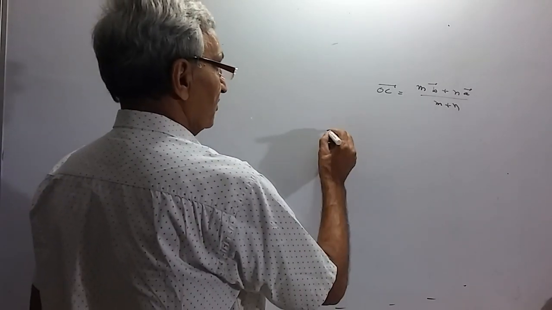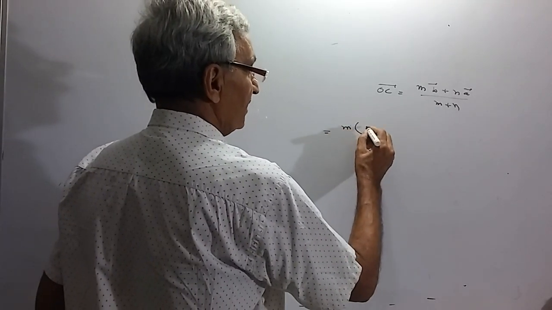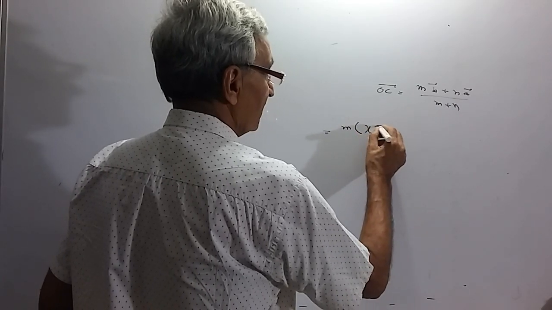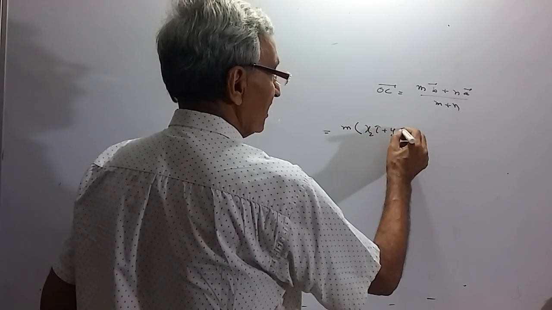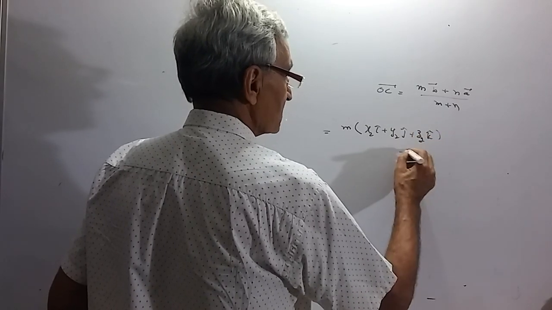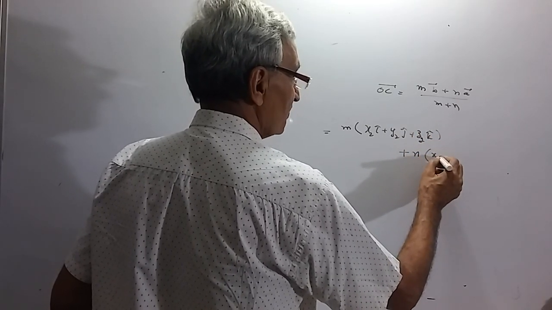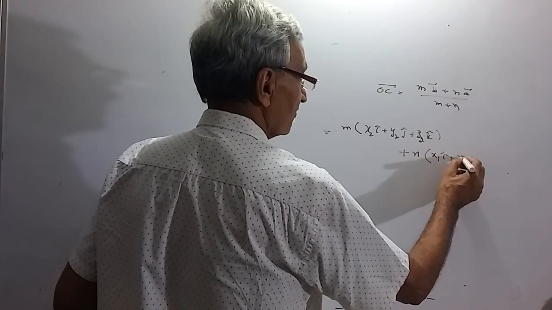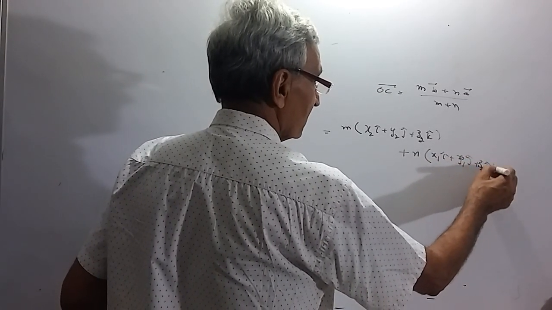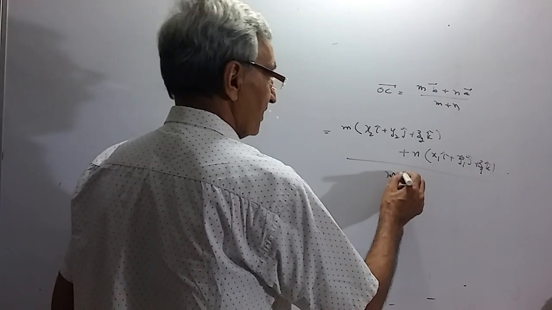I am writing it now. The position vector of C is m into (x2 i plus y2 j plus z2 k) plus n into (x1 i plus y1 j plus z1 k), divided by m plus n.